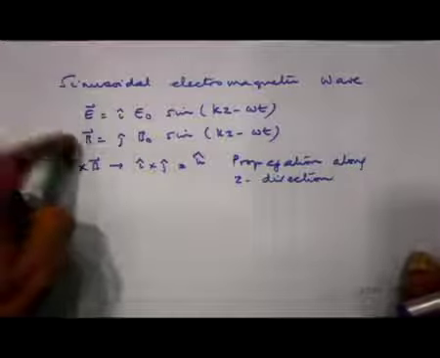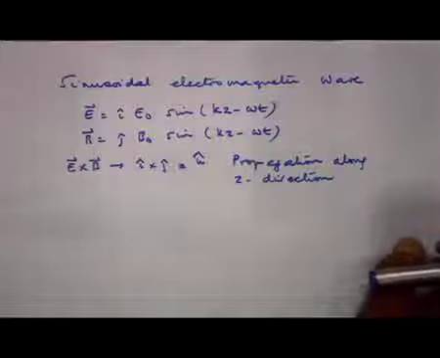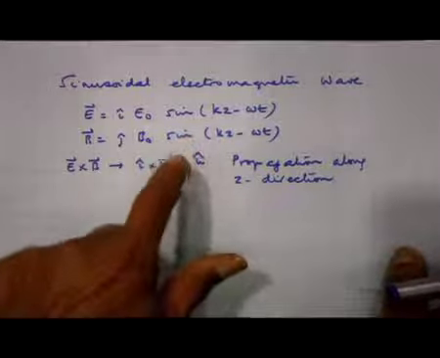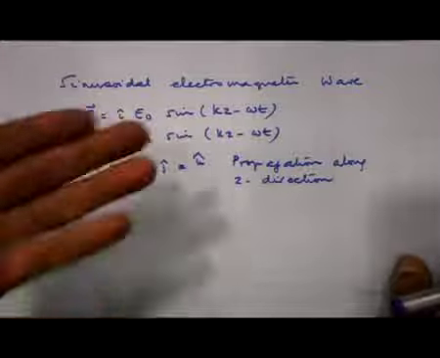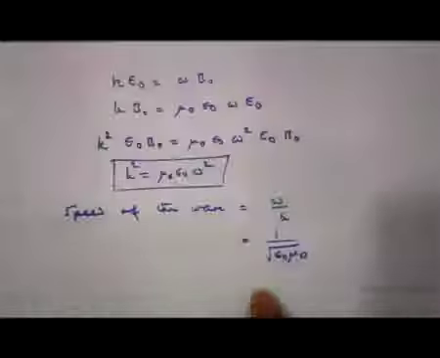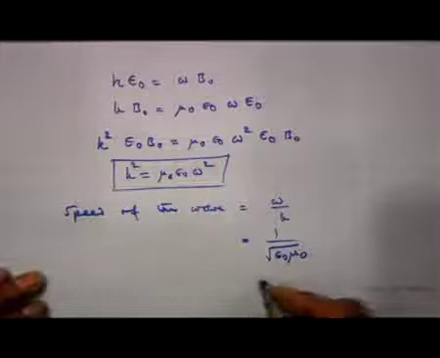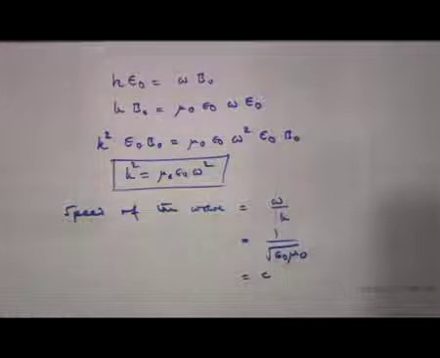These two are the electric and magnetic fields associated with the electromagnetic field, and if these two have to be solutions, have to satisfy the Maxwell's equations, we find that these are waves. These are the electromagnetic waves, and the speed of the electromagnetic wave in free space is given by 1 by square root of epsilon naught mu naught, which is actually called c, the speed of light in free space, and this is the speed which I wrote earlier.